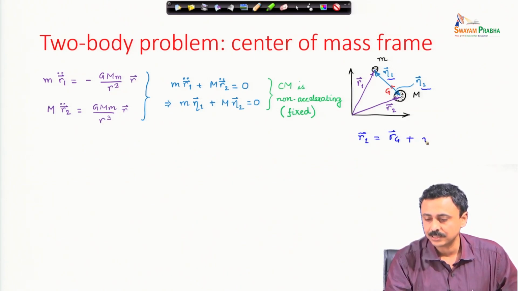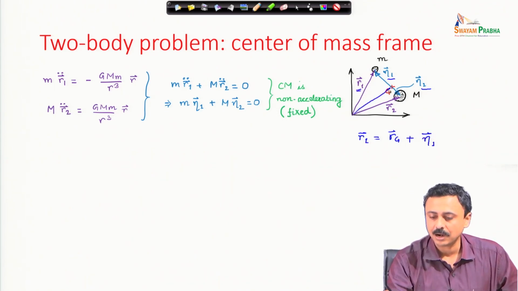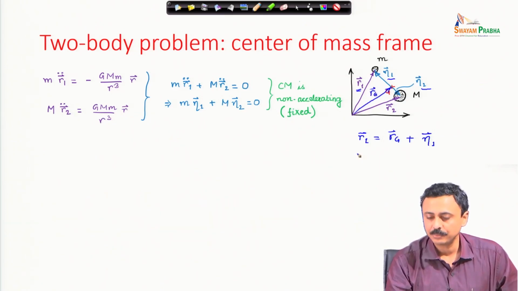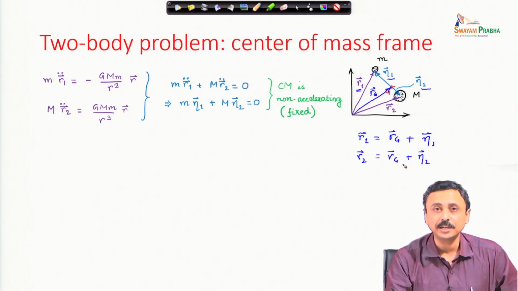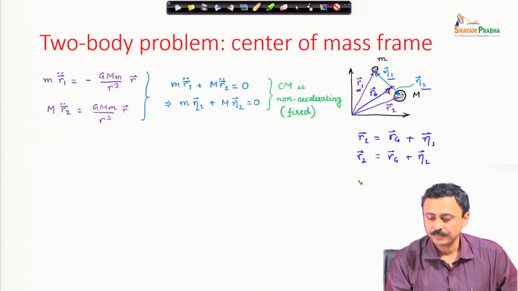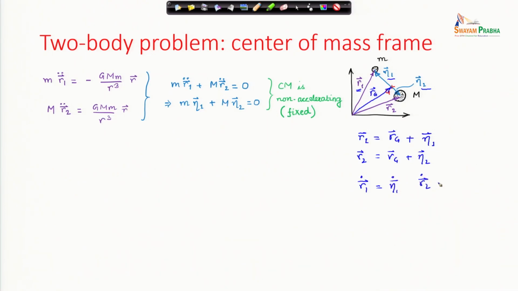Therefore, r 1 vector is r g vector plus eta 1 vector, and similarly r 2 vector is r g vector plus eta 2 vector. If I take the time derivative, this implies r 1 dot is equal to eta 1 dot and r 2 dot is equal to eta 2 dot.